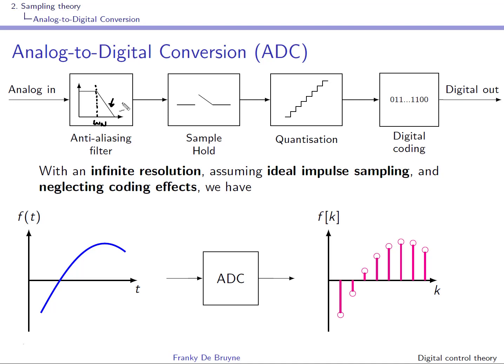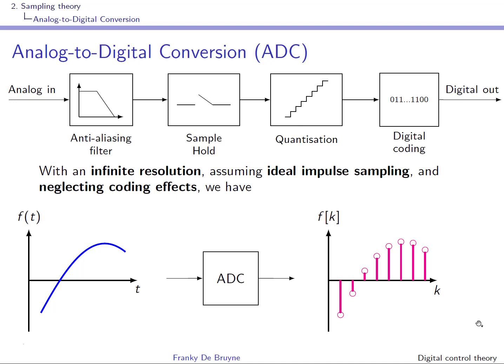So at the output you obtain another analog signal that you can now sample without danger of frequency folding. The next operation is the sample and hold operation. So the idea is that you sample a signal so that you obtain a sample of the signal at the precise sampling instant, and then this sample is held so that you can do quantization and coding. Very often this sample and hold operation is assumed to be ideal, but remember that it is not, because the sampling period is not really constant.